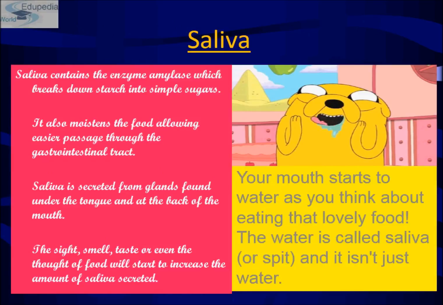Saliva. Saliva contains the enzyme amylase, which breaks down the starch into simple sugars. It also moistens the food, which allows easier passage through the gastrointestinal tract. Saliva is secreted from glands found under the tongue and at the back of the mouth. The sight, smell, the taste, or even the thought of food will start to increase the amount of saliva secreted.